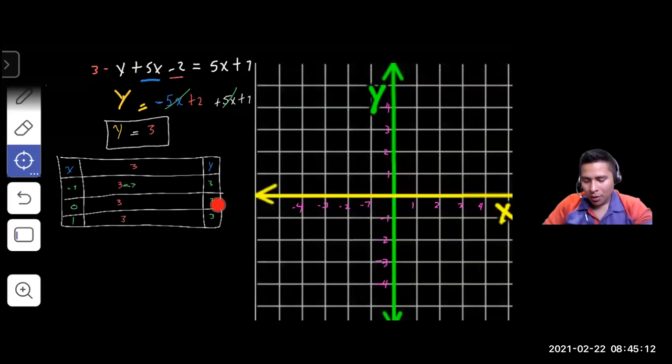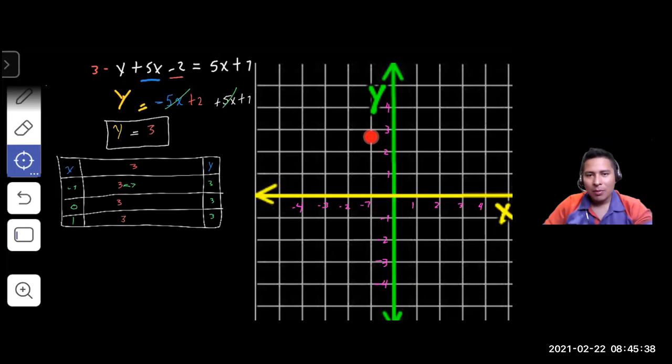These are the ordered pairs. For -1 for x, let's look for -1 on x. 0, 1, 2. Oh no, this is the right side. It is the left side, the negative. -1, -2. I need -1 right here. And how many do I need for y in this case? 3, right? 1, 2, 3.